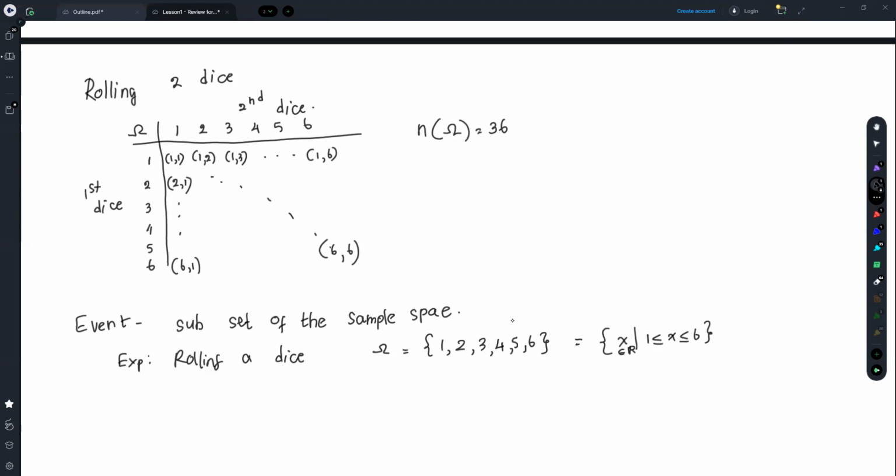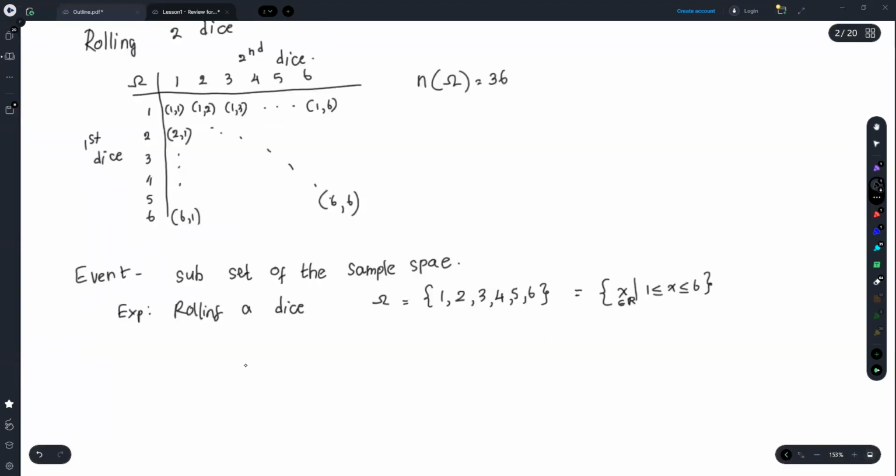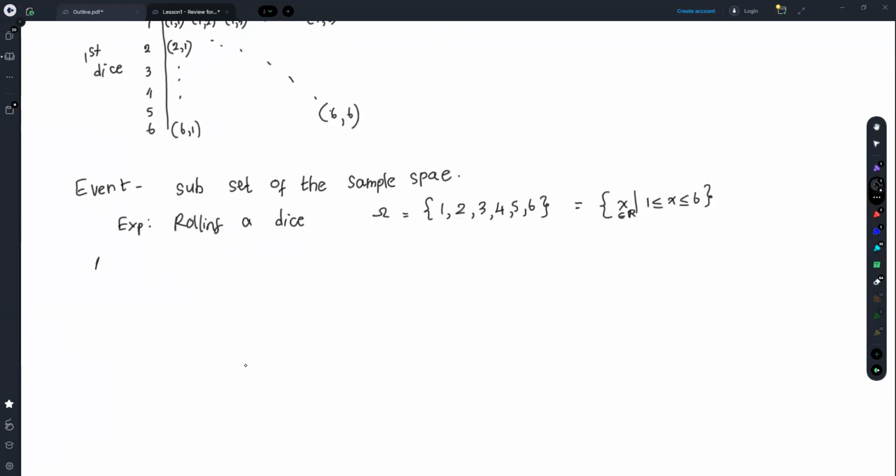So if I define an event A as odd numbers, the elements will be 1, 3, and 5. These are very common things.